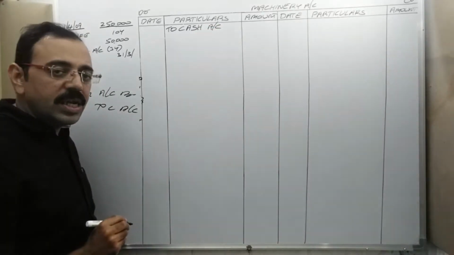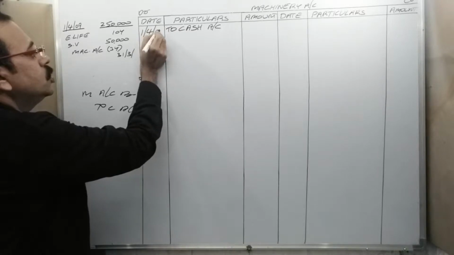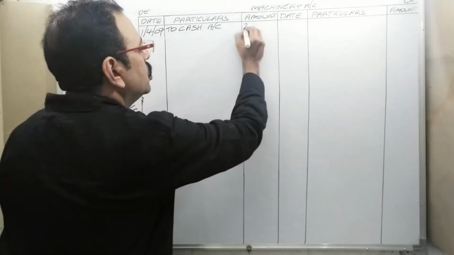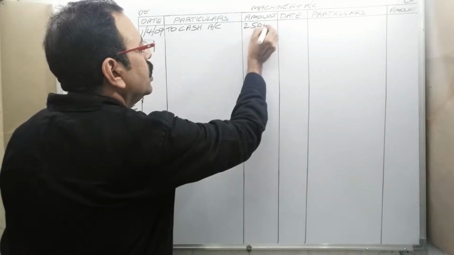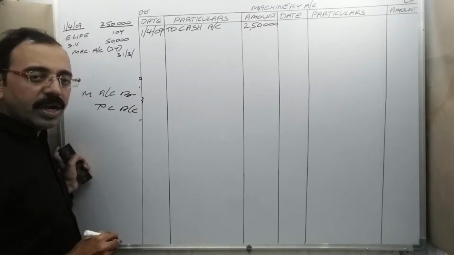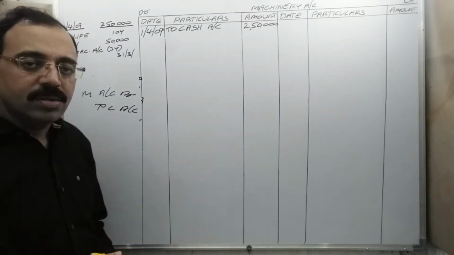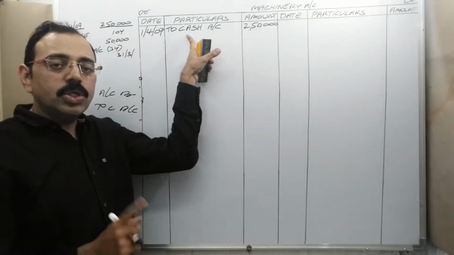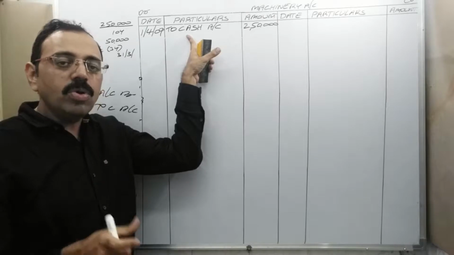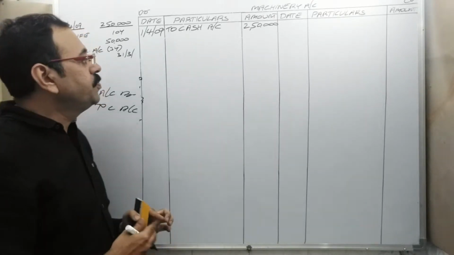When did we buy this asset? On 1st April 2009. For how much? 2,50,000 rupees. Assume that instead of paying cash, we issued a check. Then what to write here? To bank account. So you can write To cash account or To bank account. Both are correct. Right.